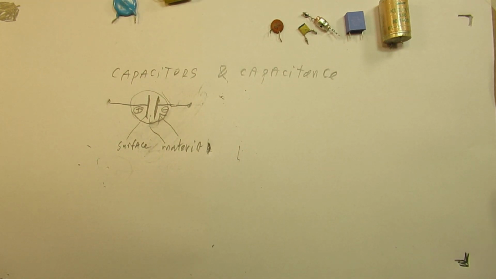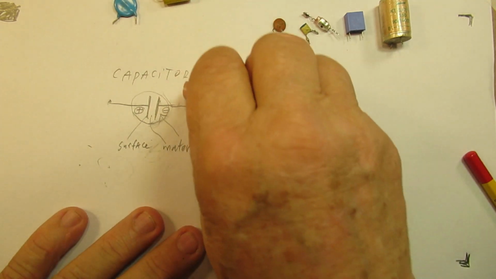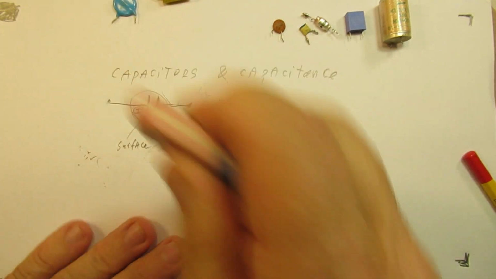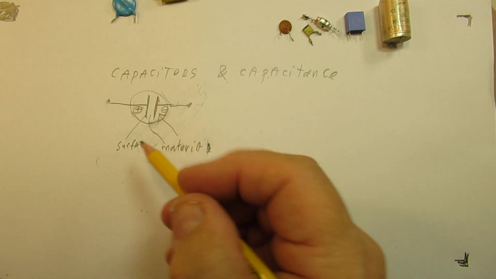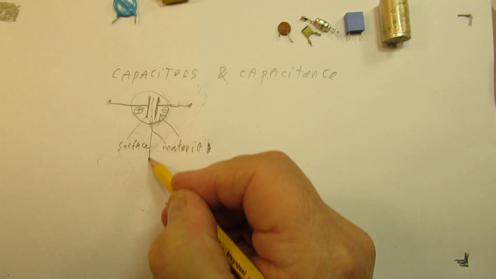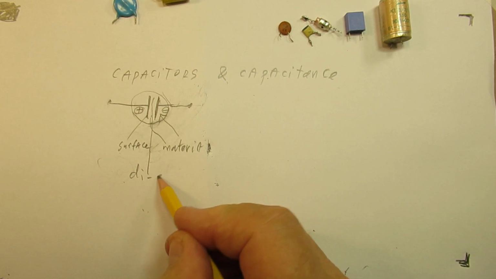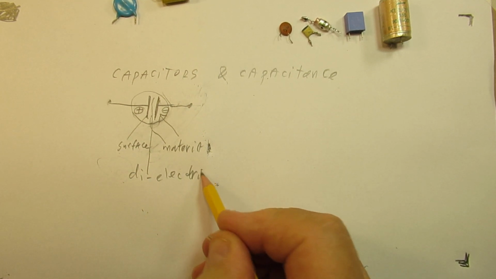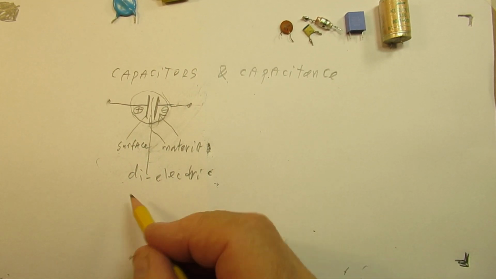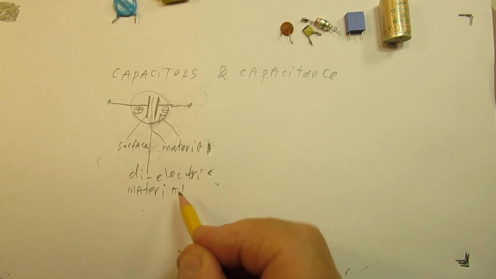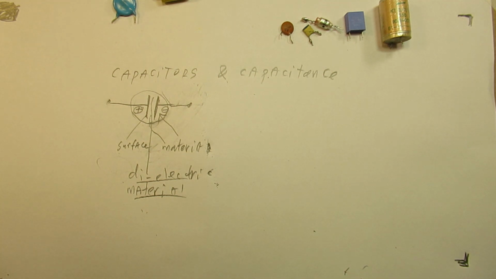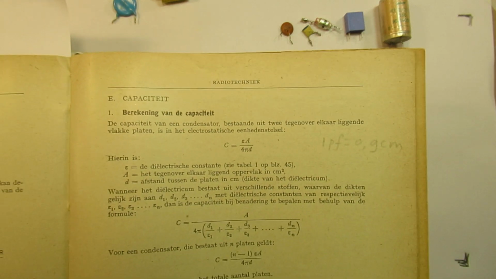When we use air as the dielectric material, we can use this formula. It's a formula of an old book that I've more or less always used in the past.